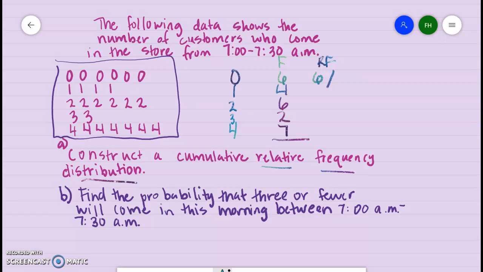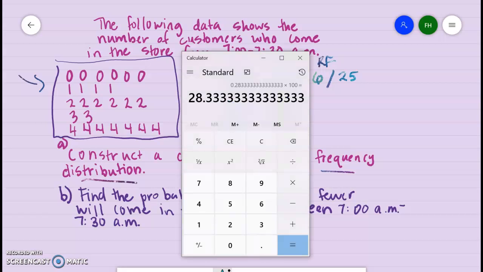So one easy way to find out how many we have in our sample or data is to add up our frequency, or you could go over here and count each one of these data points, but we're just going to add these up. So our relative frequency would be 6 divided by 25, and since I have the calculator pulled up here, I'll just do that.